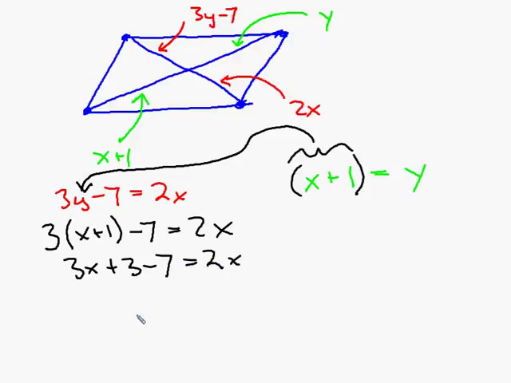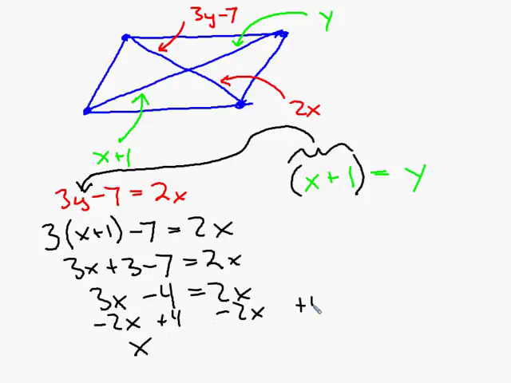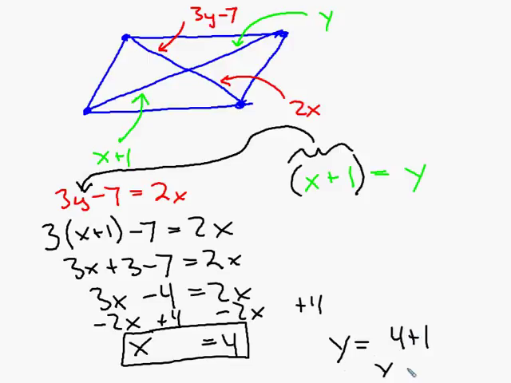Now you can simplify it, so we get 3x minus 4 equals 2x. Then we subtract the 2x and add the 4. So x equals 4. So x plus 1 means y is 5.